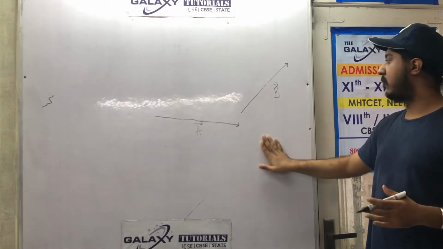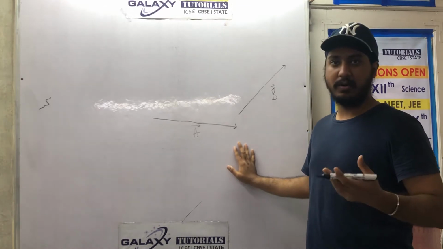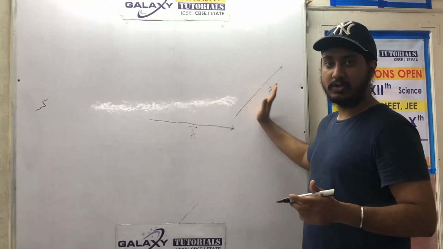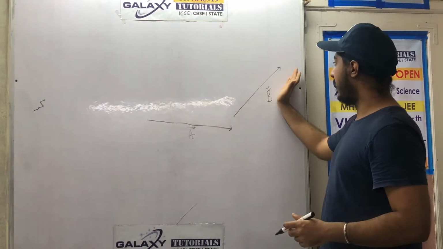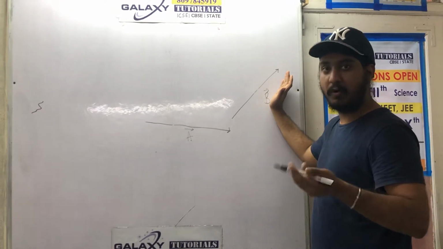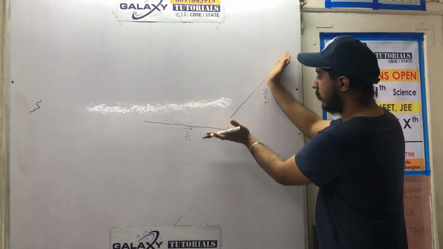So first of all we have to make a triangle. In the last class I already told you that you can move any vector parallel to its original position anywhere in space. The only thing is you will not change the orientation. What do I mean by orientation? You can't change the angle of the vector. So simply I will move these two vectors like this.